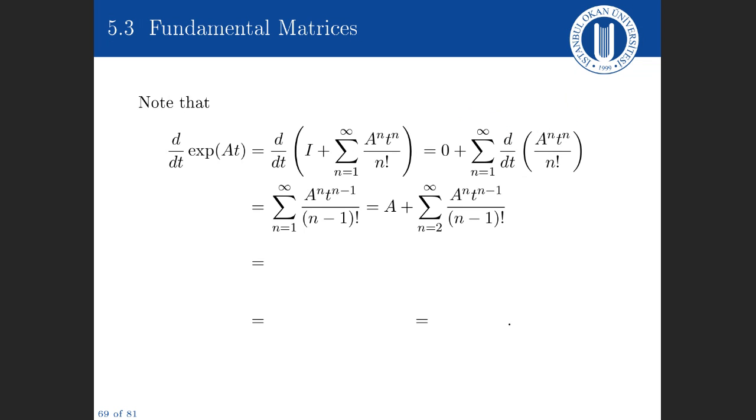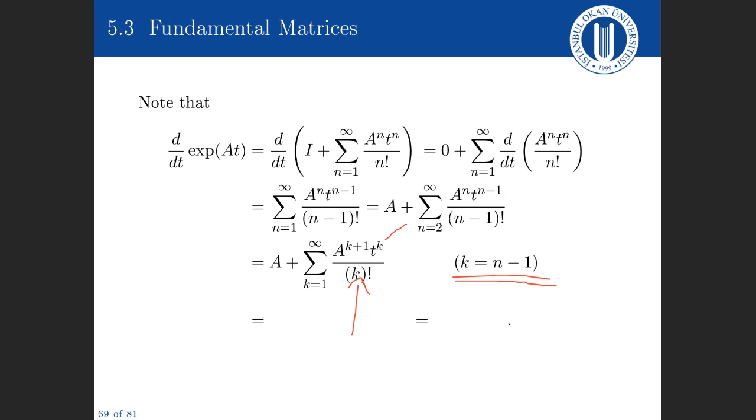Separate out the first term first of all. The n equals 1 term will move out, and then we'll start the series at n equals 2. And then I'm going to do a substitution. Every n minus 1, I'm going to replace by k. So instead of n minus 1 on the bottom, I get k factorial on the bottom.